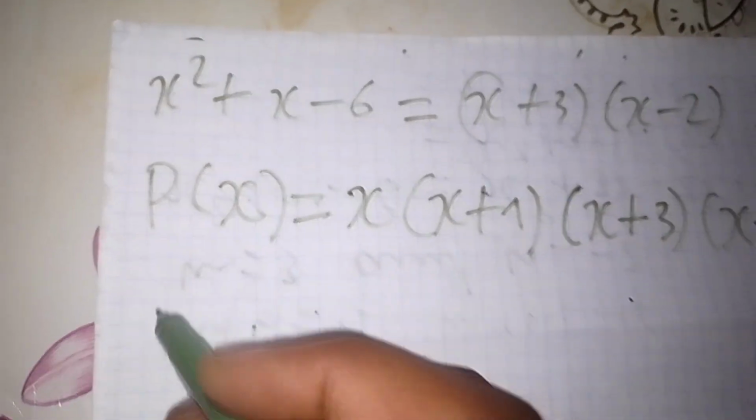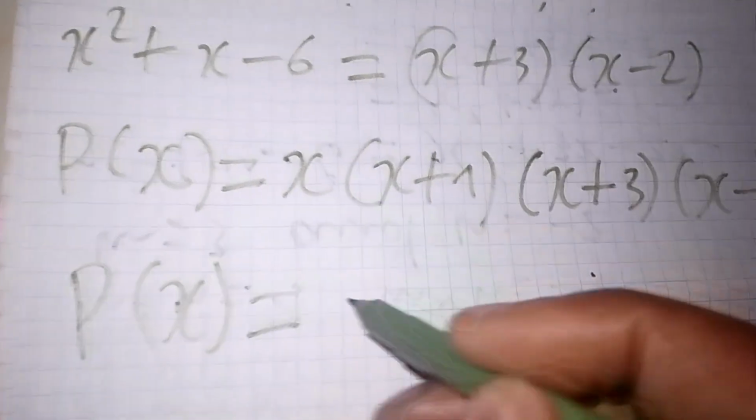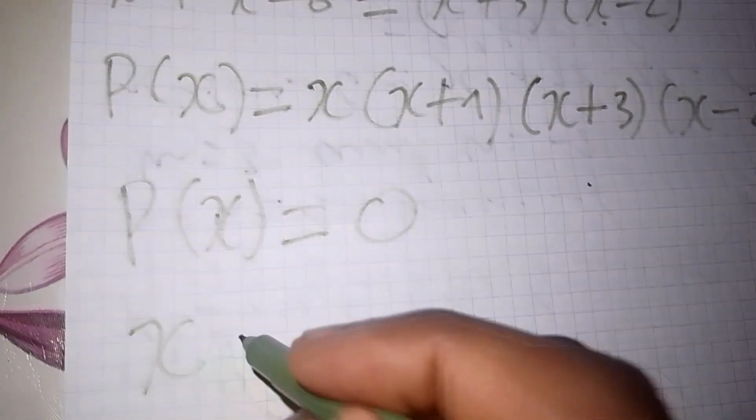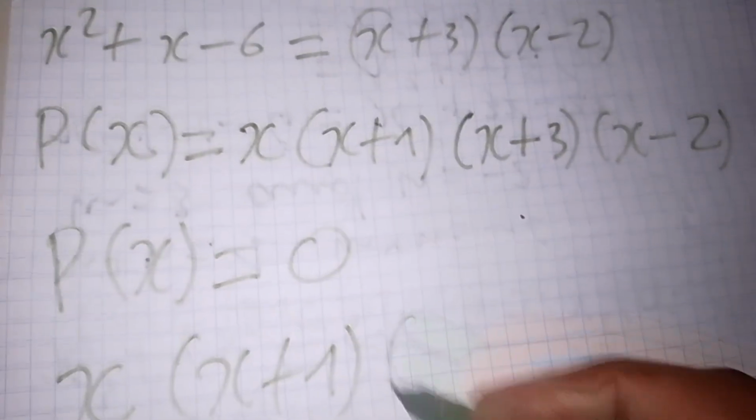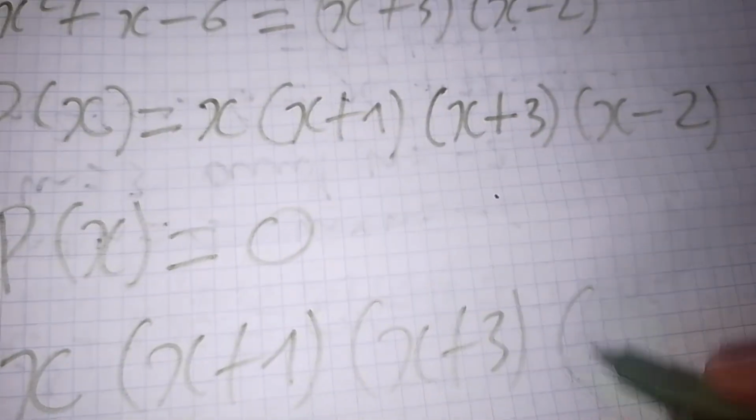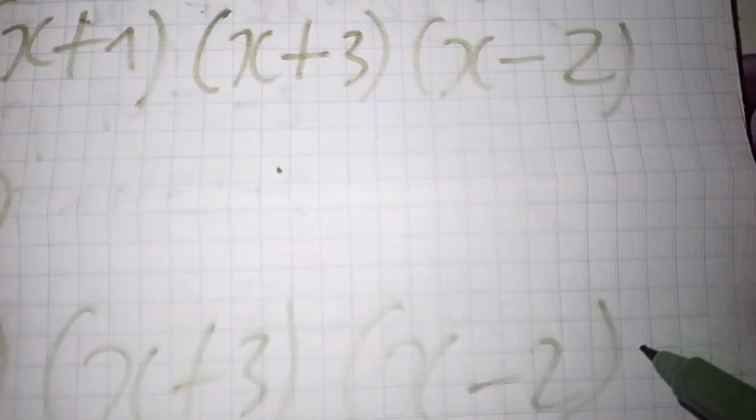So now we are going to solve p of x equal to 0. x times x plus 1 times x plus 3 times x minus 2 is equal to 0.